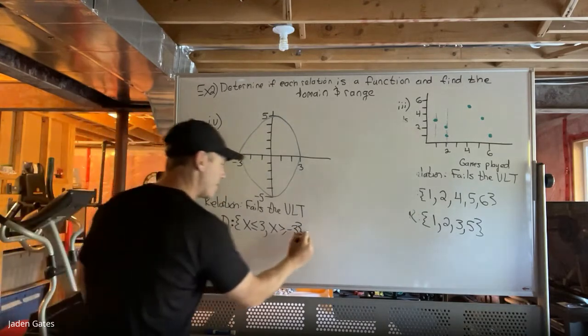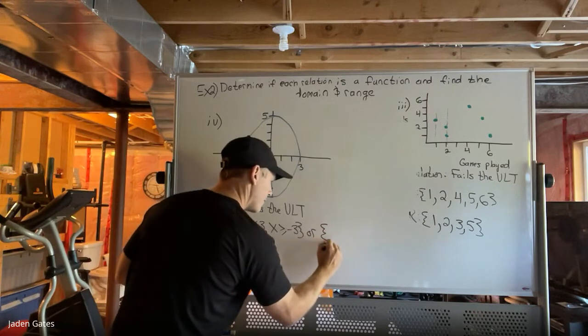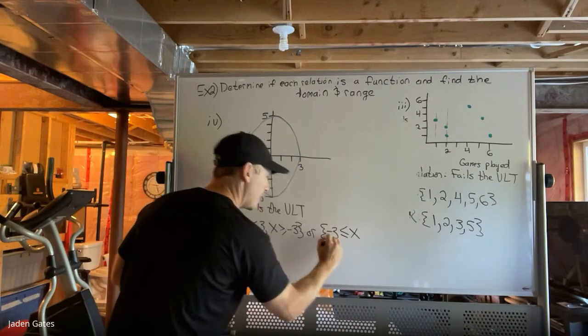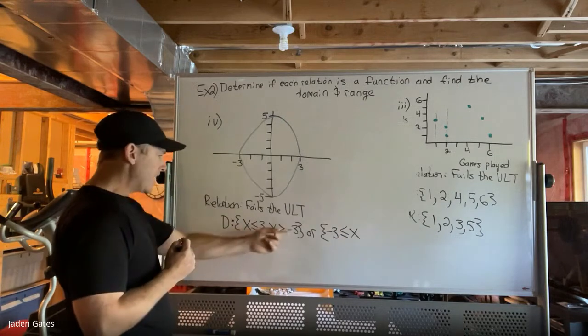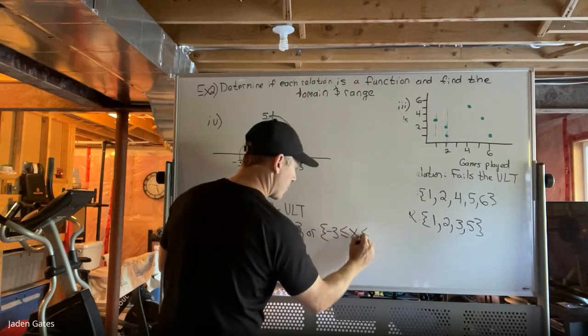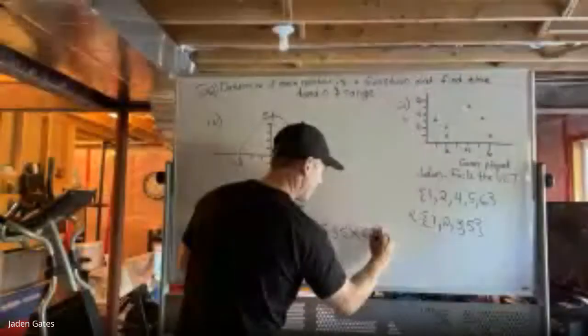Now, you could write this with x in the middle: x is greater than or equal to -3 and x is less than or equal to 3. I'm just combining the two. They're exactly the same thing.